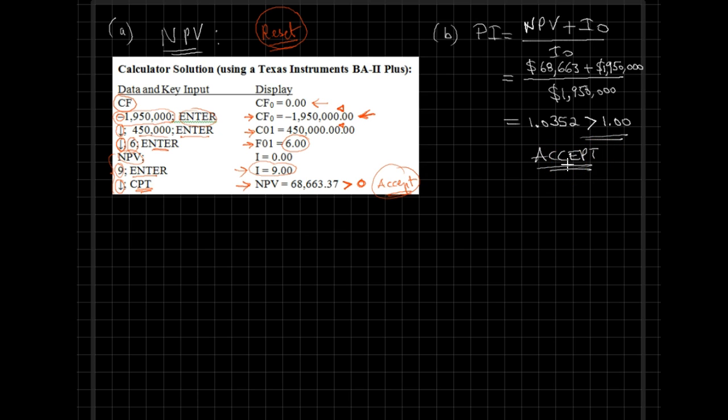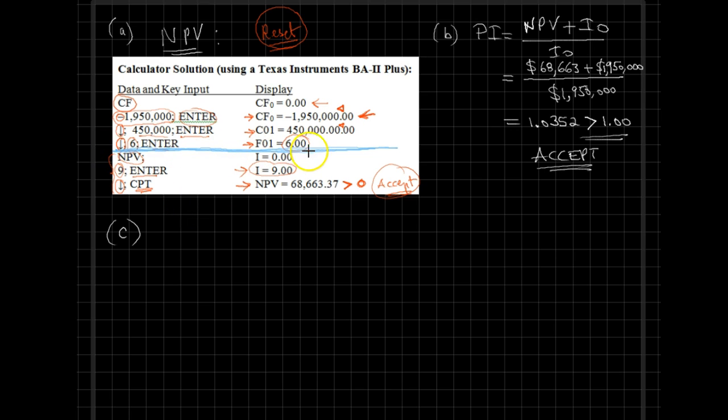So in part C, the question is asking for the IRR of the project. There are actually two methods to generate the IRR. One method will be to stick with our financial calculator. You already entered all the cash flows up to the blue line that I'm drawing right now.